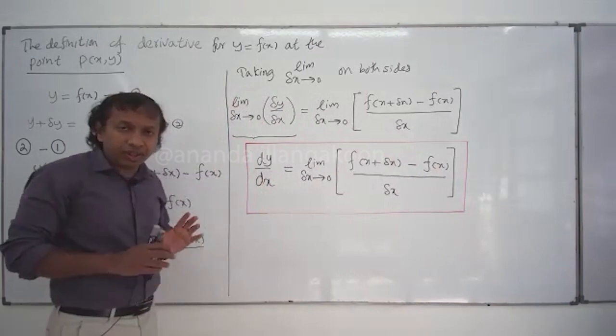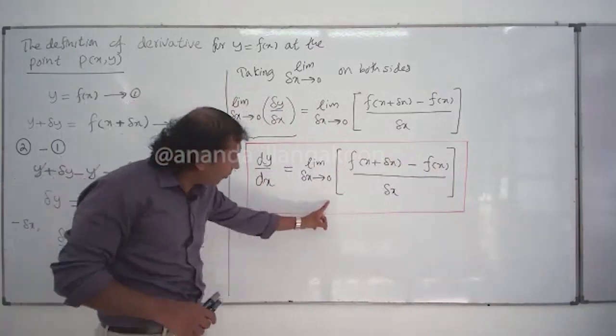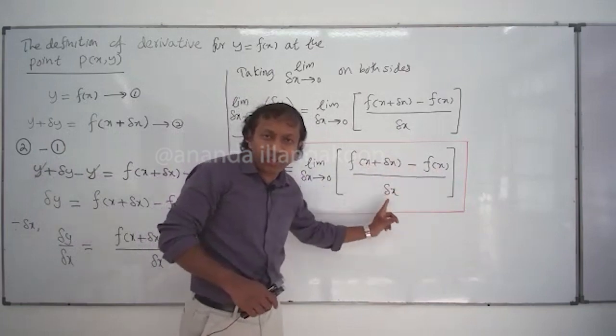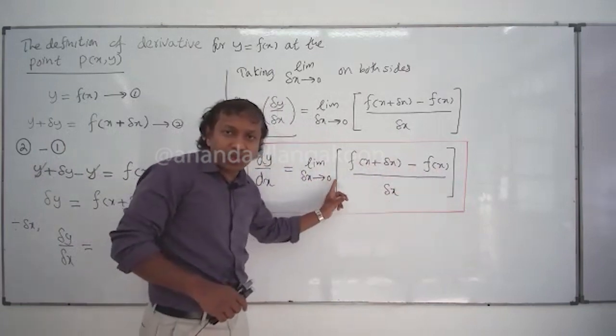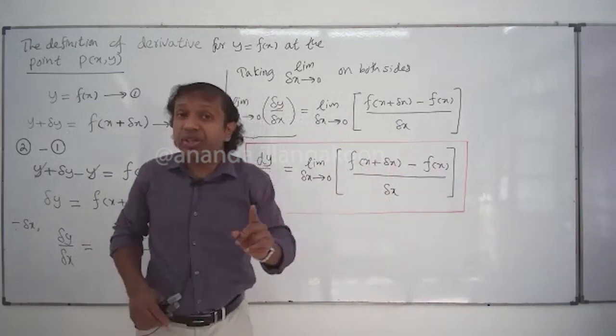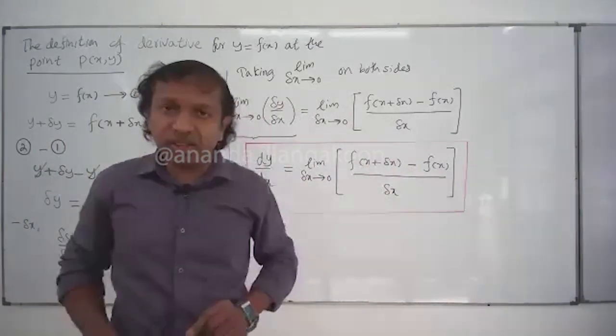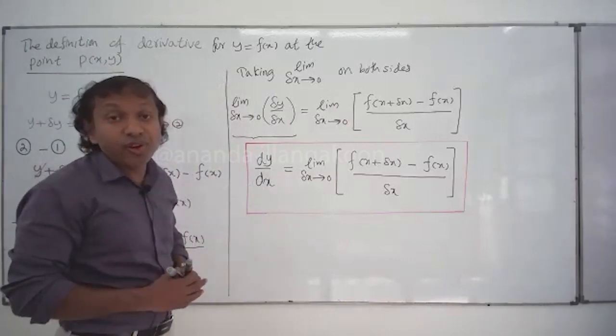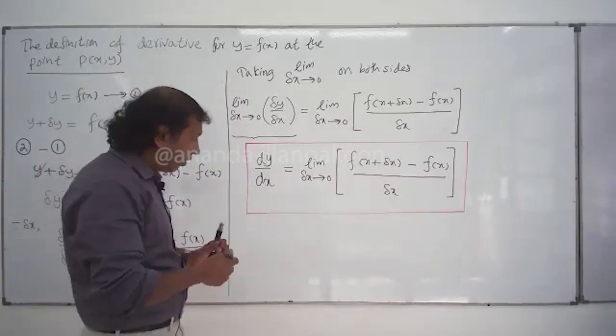People, here is another thing you have to remember. This thing, [f(x + delta x) - f(x)] divided by delta x as delta x goes to 0, is denoted by another symbol, f dash x. It is called the derivative of f(x), f dash x, right?